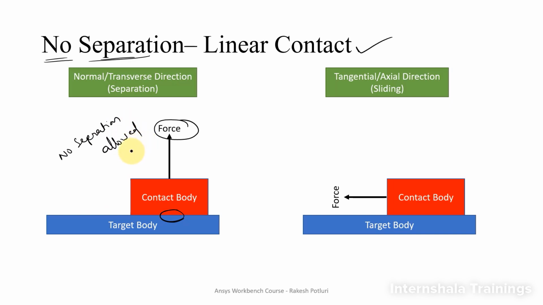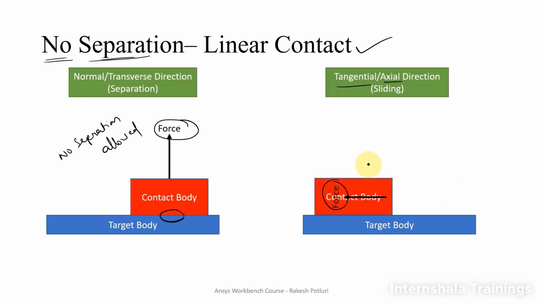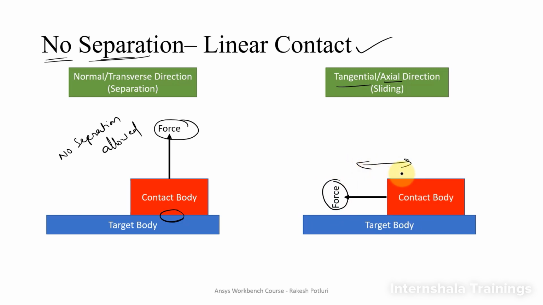But if I apply the force in the axial or tangential direction, this body can slide over the target body based on the force you have given. So sliding is allowed.